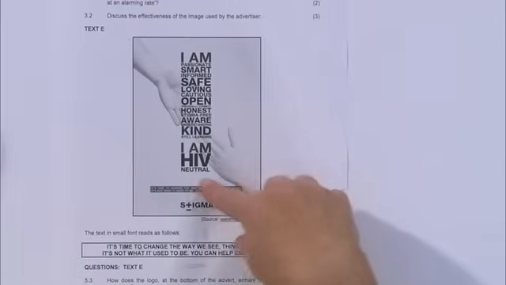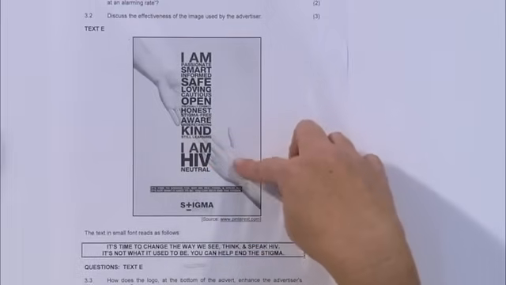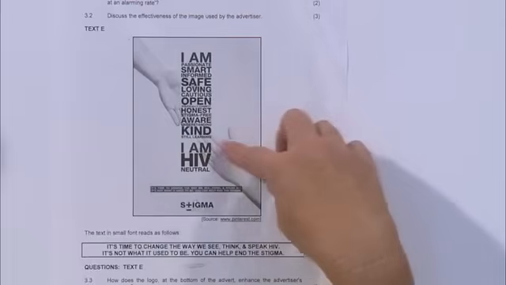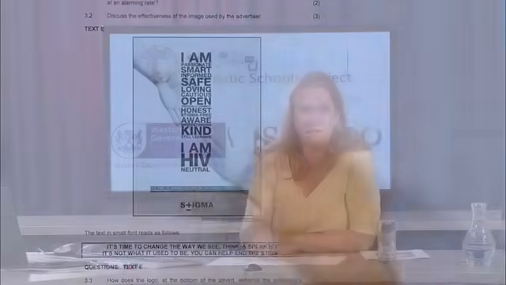I am HIV neutral. It's time to change the way we see, think, and speak HIV. It's not what it used to be. You can help end the stigma. The Stigma Project, and that is the organization that has obviously put this advert together.